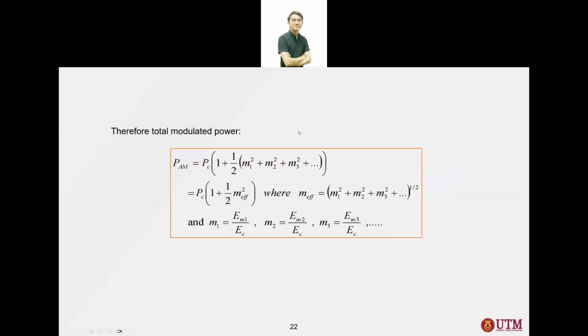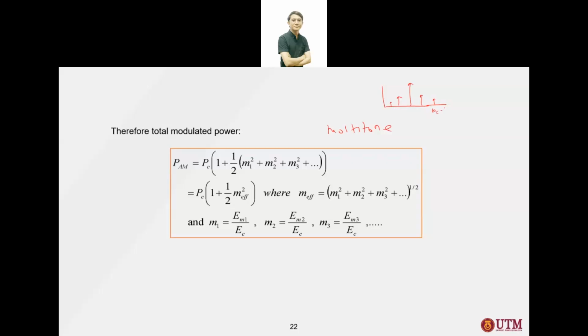So for the multi-tone problem where we have a lot of harmonics, for example, we have the same carrier. We have this M1, and then we have another.